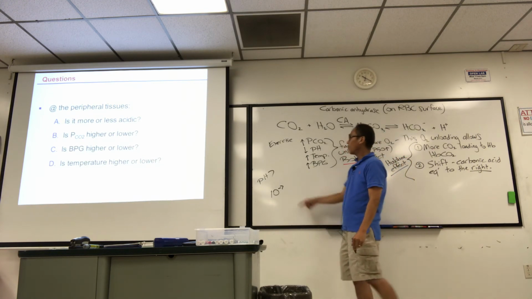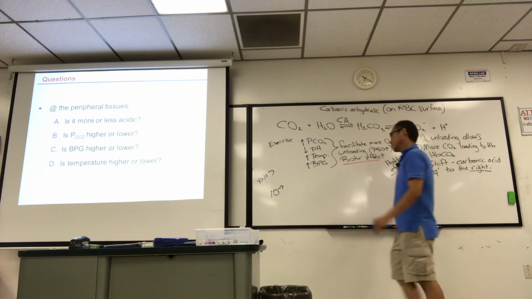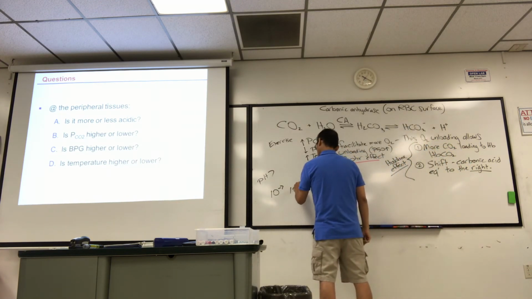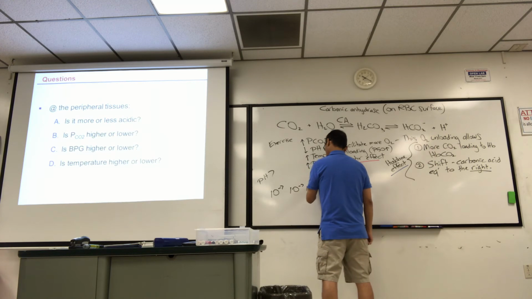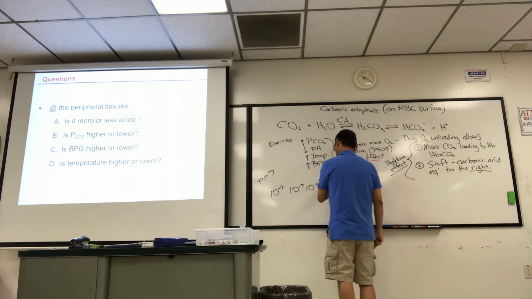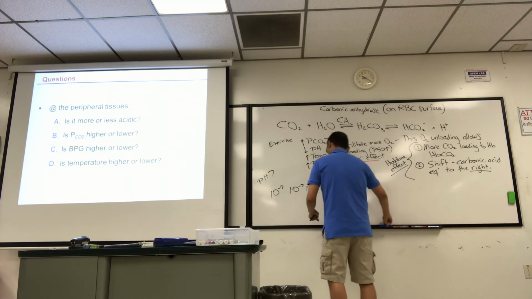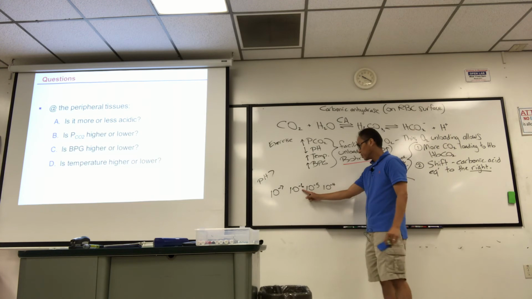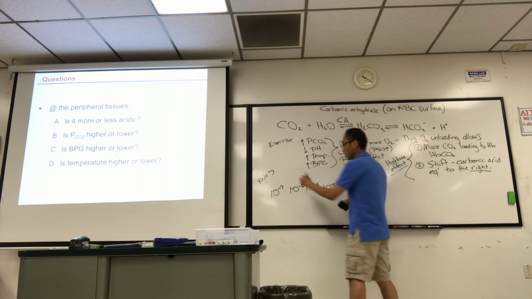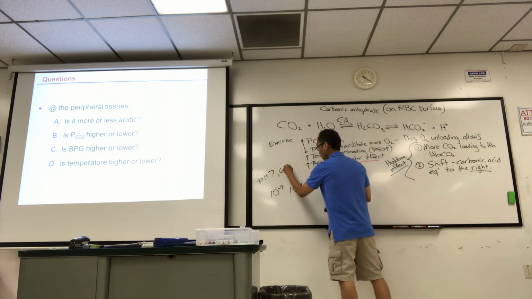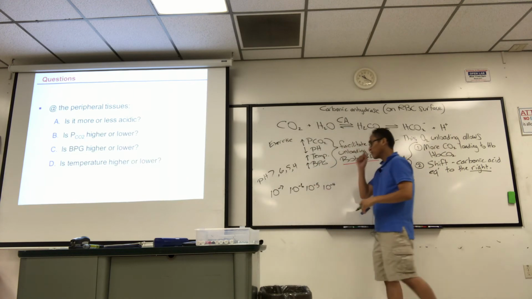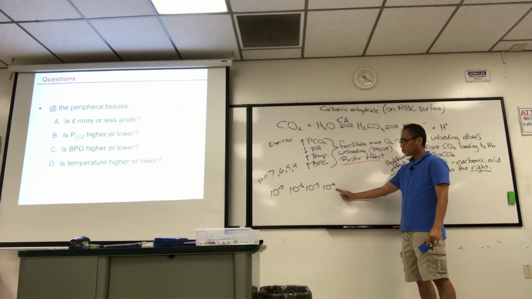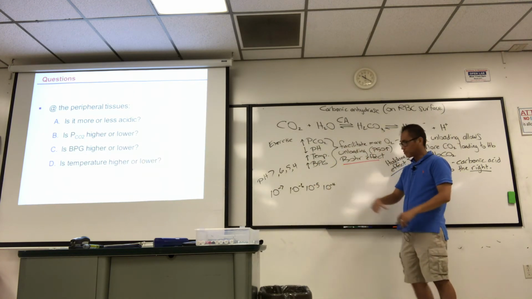So what if you go, pH, oh, I'm sorry, I put 7 twice. 7, 6, 5, 4. But what does this number refer to? It's like the power of hydrogen, right?